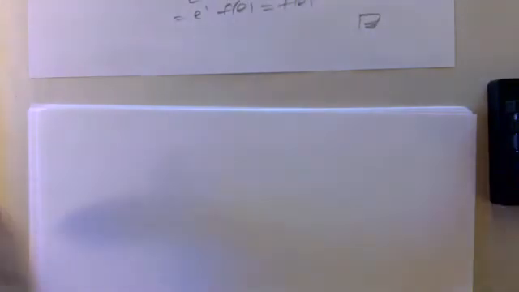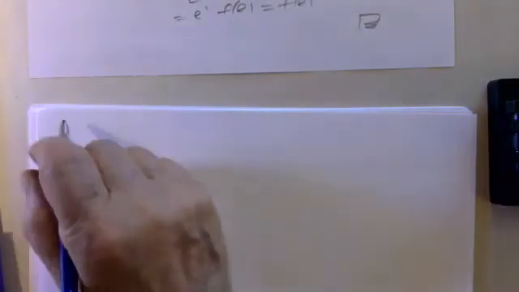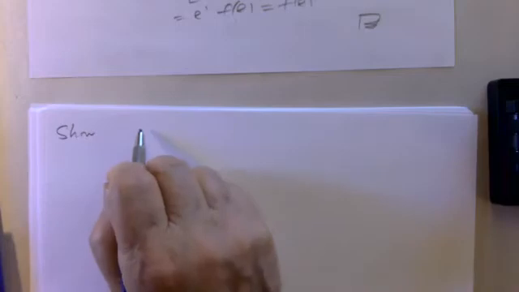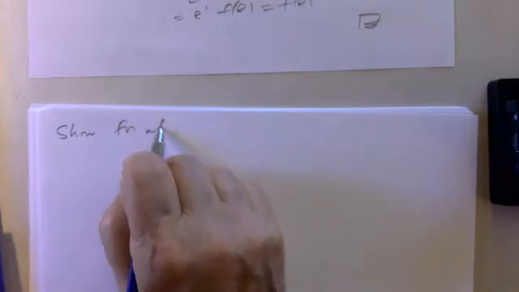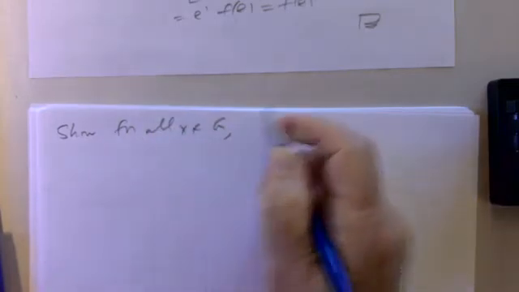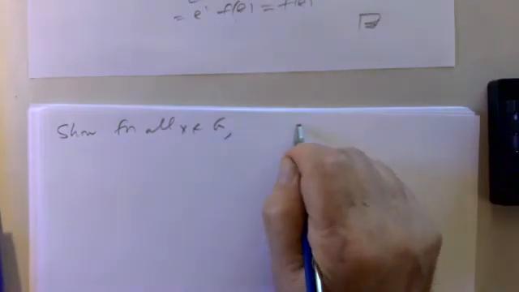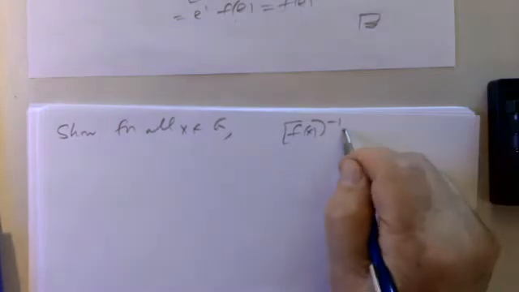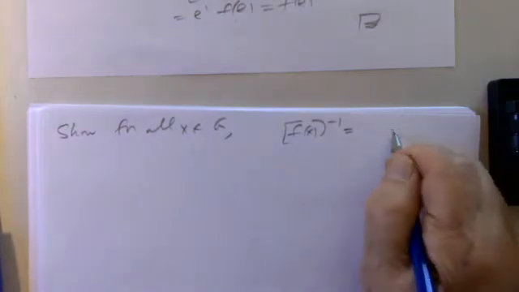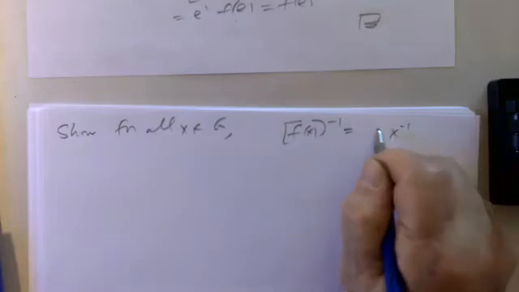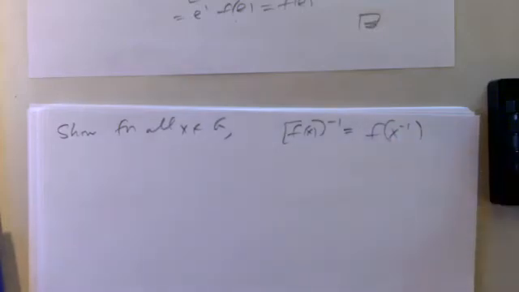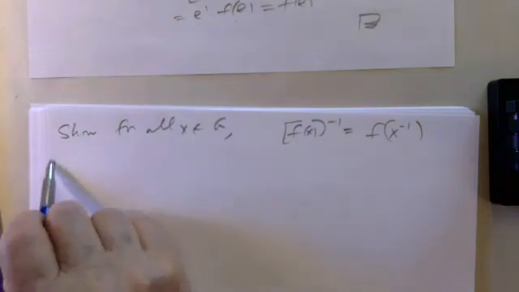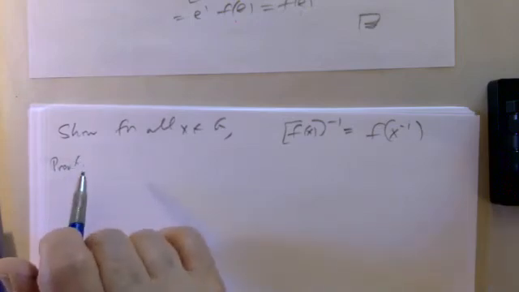And what about the second statement? I want to show that for all x in the group G, if I take F of x in G prime and take the inverse of that, that's the same as if I took x, took its inverse in G, and then applied F to that. So the proof is as follows.